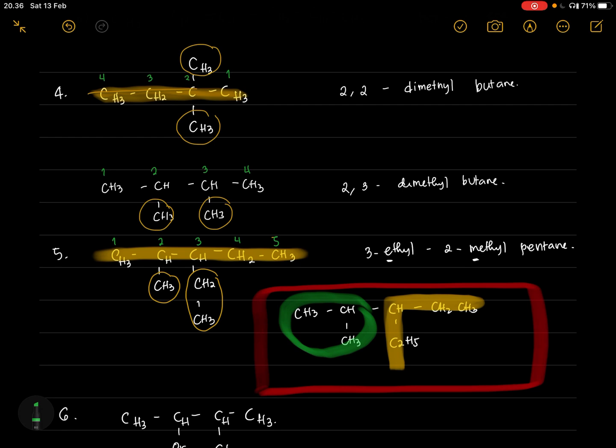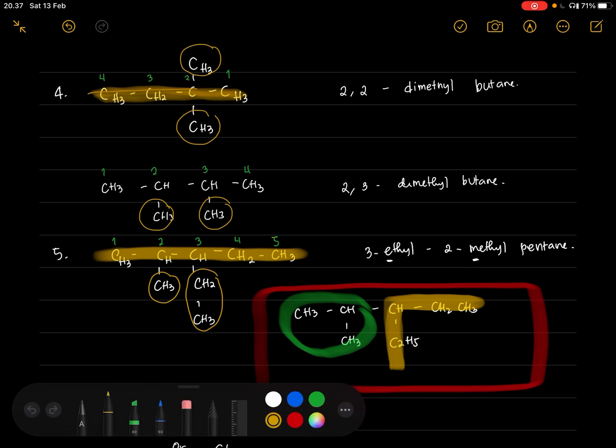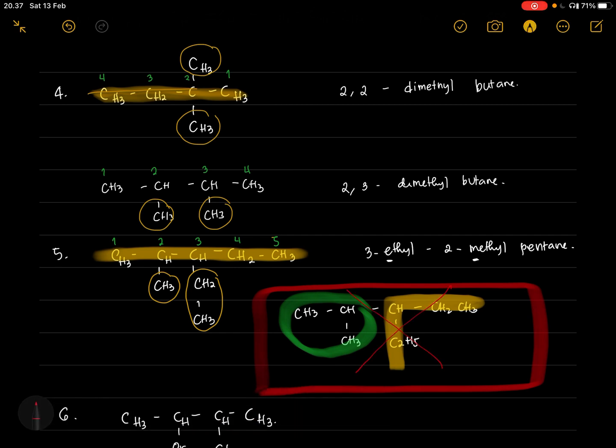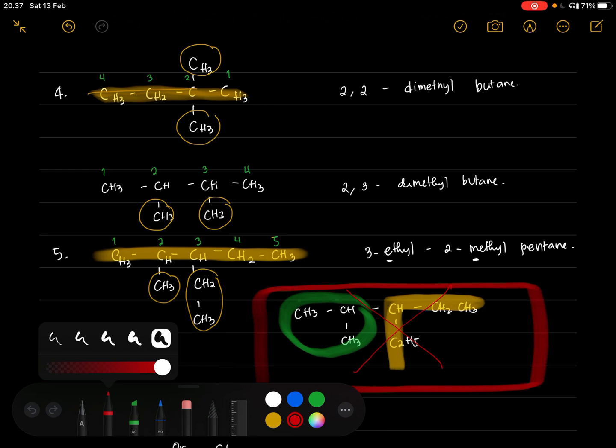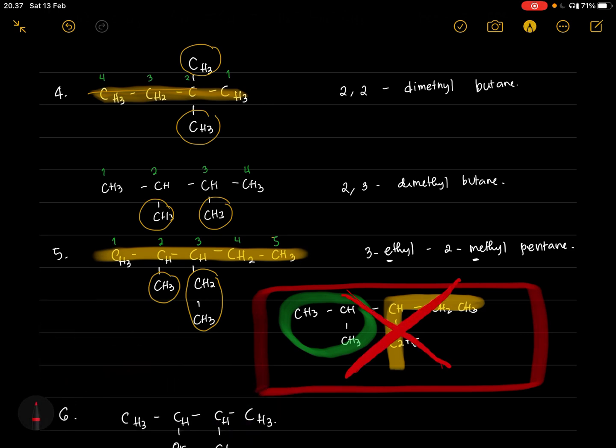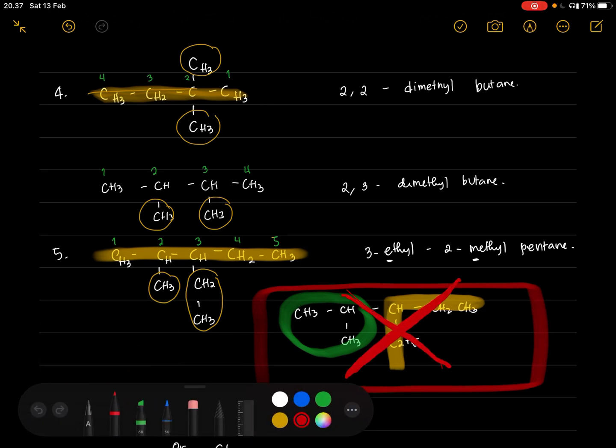That's why the red structure is not recommended. I repeat again, this one will not be recommended. Okay, I'm choosing white again.